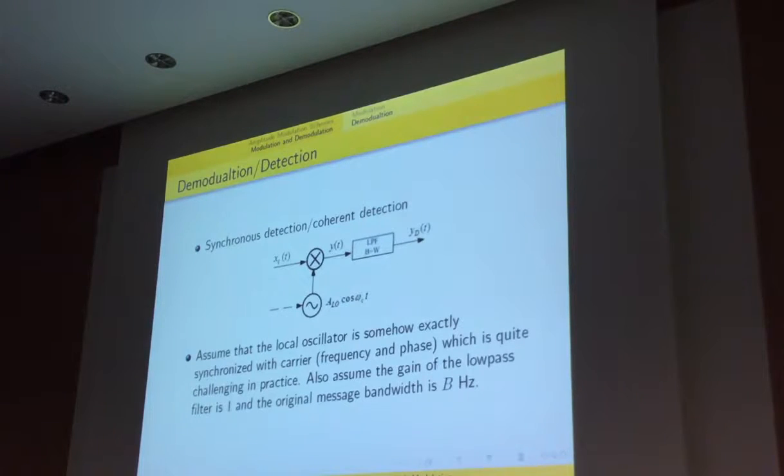How can we explain this from the mathematical perspective, that is, use derivation to show this demodulation process? Let's assume the gain of this low pass filter is unity, to simplify the derivation, and the original message x(t) has a bandwidth of B hertz.